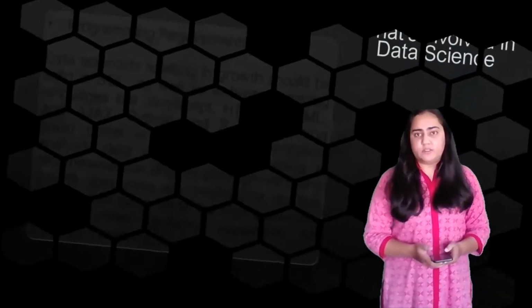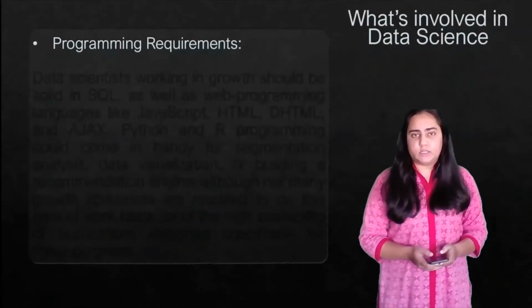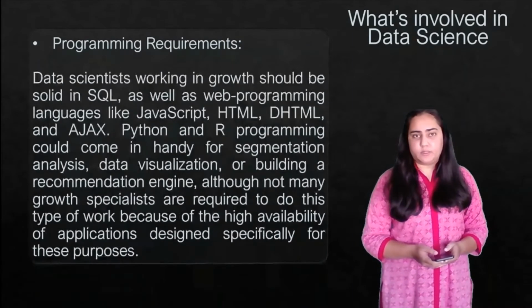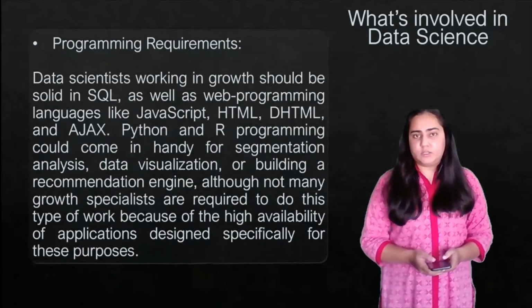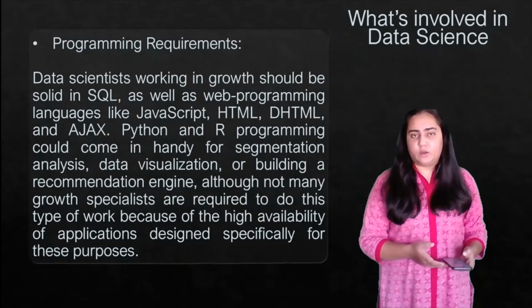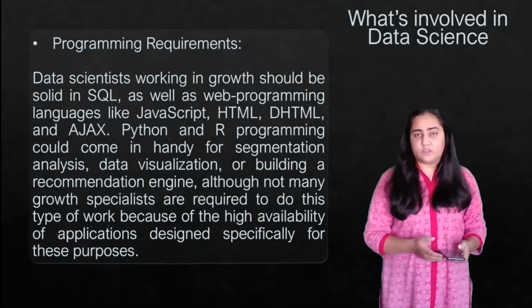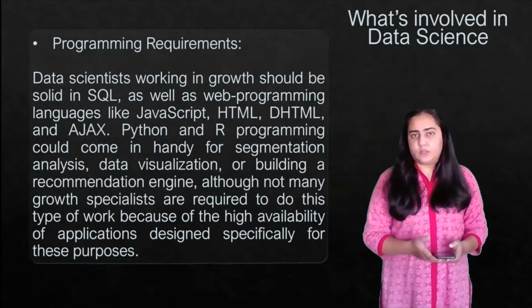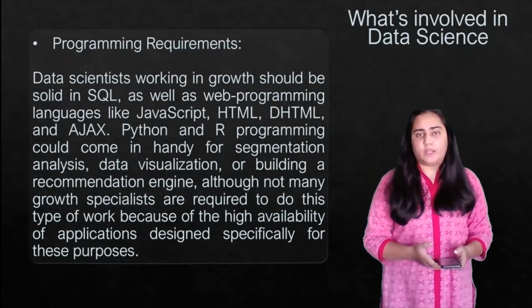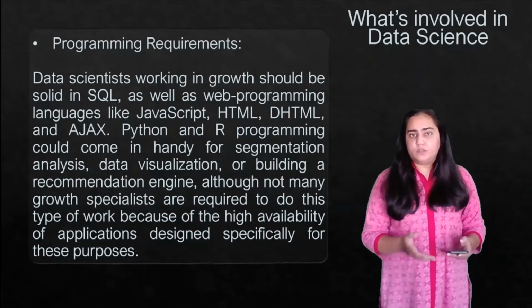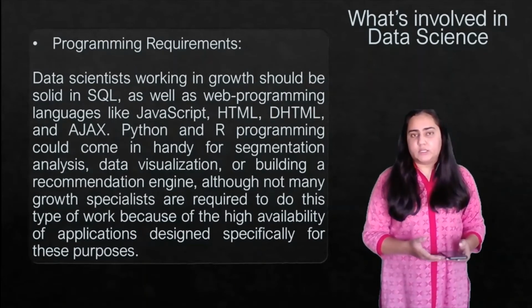The next thing that is involved in data science is programming requirements. So a data scientist who is working on growth in e-commerce should have a solid SQL knowledge, as well as web programming languages like JavaScript, HTML, DHTML, and Ajax. Also, Python and R programming skills are welcome.